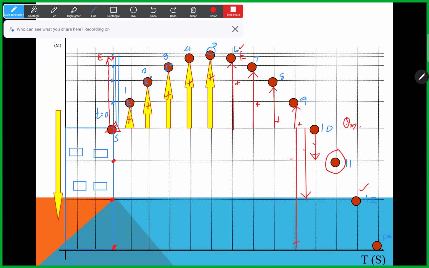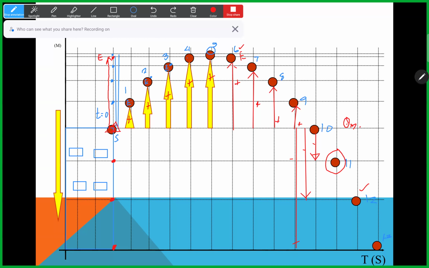I want you to look at the vector for 13 seconds there. And I want you to have a look at the length of this vector here, and the height of the building.